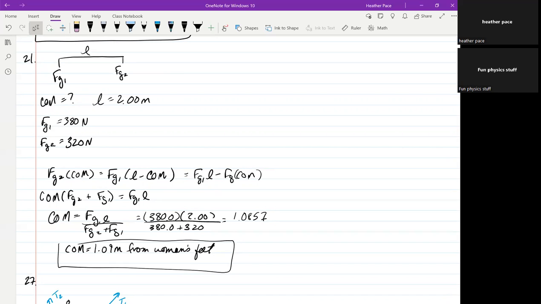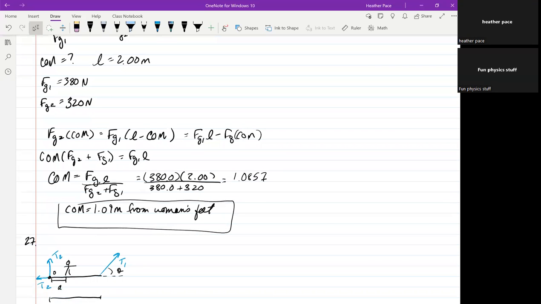Oh, sorry, COM is what we need. COM equals question mark. We write down what we're given. L equals 2.00 meters. FG1 equals 380 N. FG2 equals 320 N.